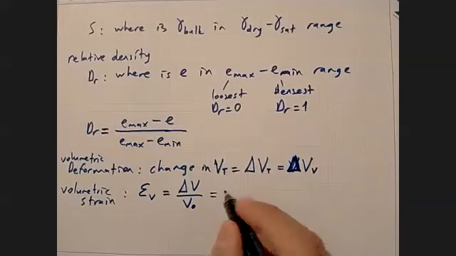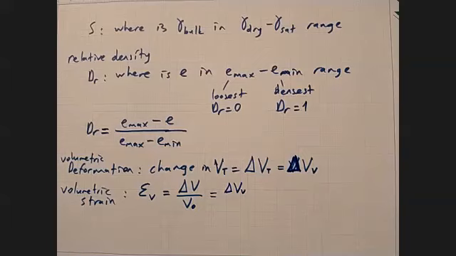So this is delta volume of voids divided by initial total volume in my terms.